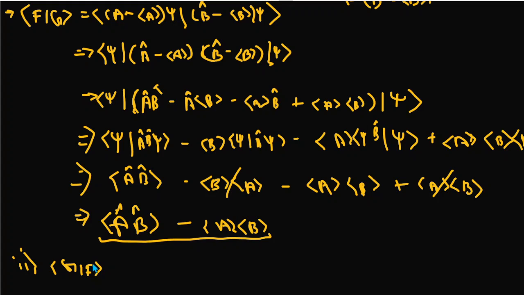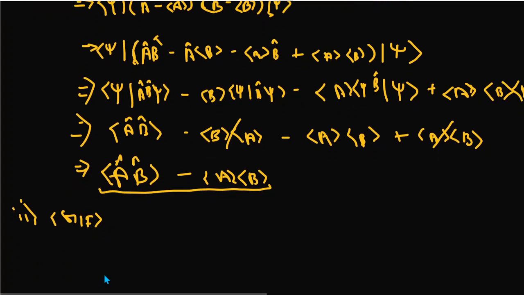The only change is the order of B and A. The only difference between F and G and G and F is the order of operation of these operators. If you do all the calculation, you will end with B cap operating on A cap, and here A cap operating on B cap. This is the only difference, and all the rest is just the same.